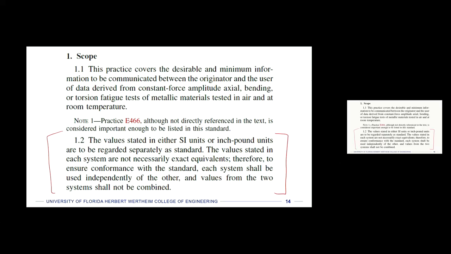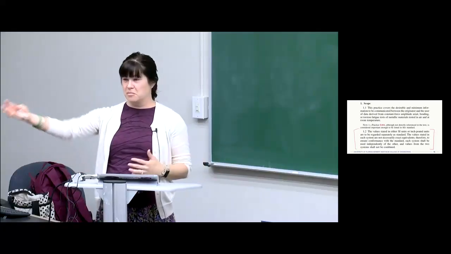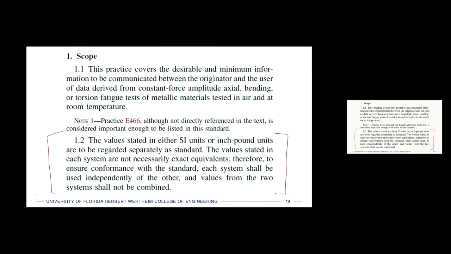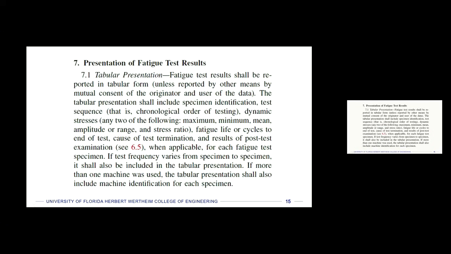So this can be especially tricky if you're working with maybe a multinational company. Some people use SI, other people use English units. That's what we have in the United States, and so always use the same units throughout. Don't mix units. Even if you're converting correctly, don't mix units. Okay. So how should these fatigue test results be presented?